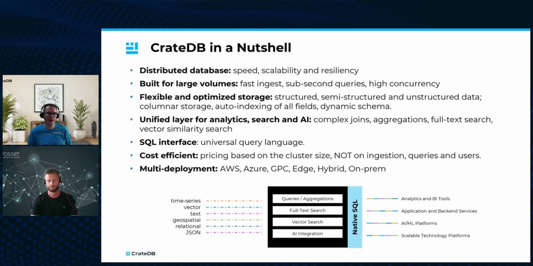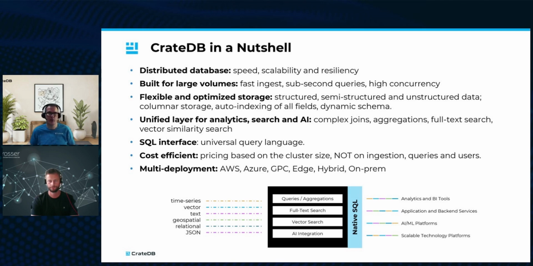And as the format evolves and as the sensor data keeps changing over time, there is no need to update your schema. You can decide to have a few fields in your database that are dynamic. And so we can adjust automatically to new fields or new structures coming from the different sensors. So based on that, CrateDB acts as a unified layer for your analytics, search, and AI projects.